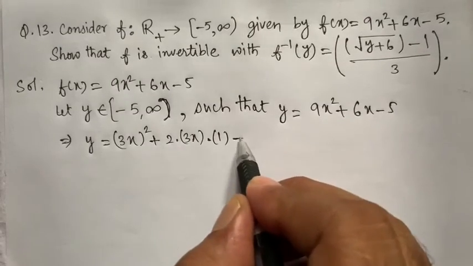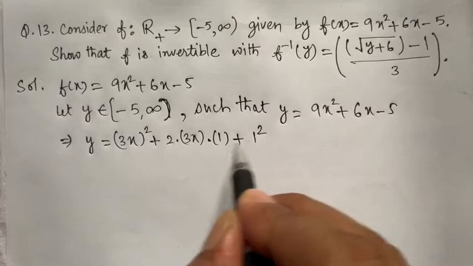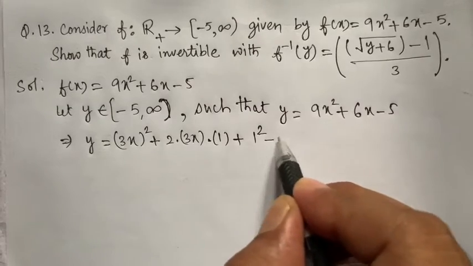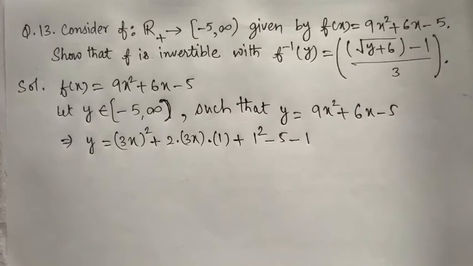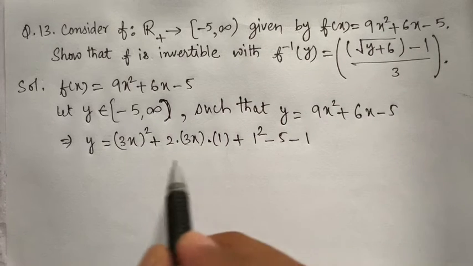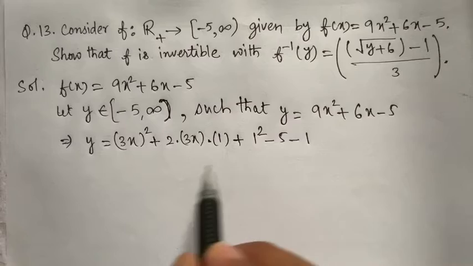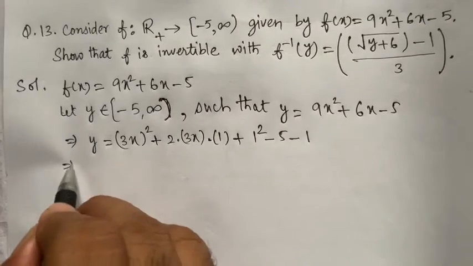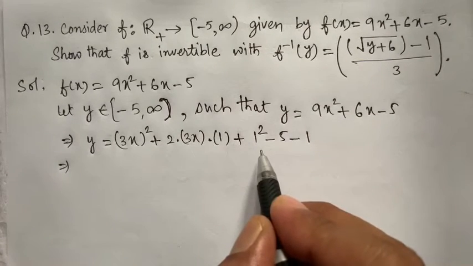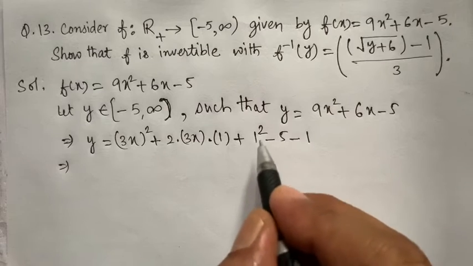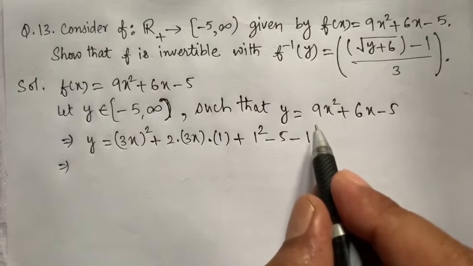And we need to add b square and subtract b square, which is minus 1, so that there is no change by adding them, because what we have added, we must compensate by subtracting that same thing.